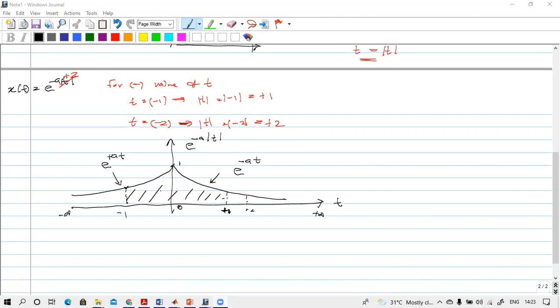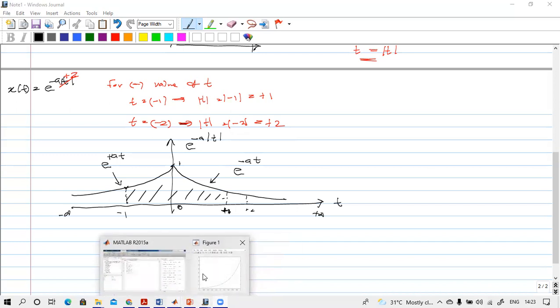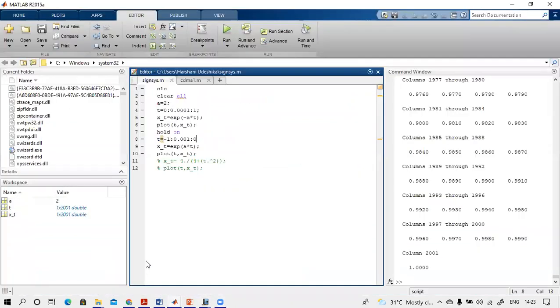Okay, so I will continue. If we see at Matlab, you can see that I am drawing 0 to 1, e to the power minus at, and minus 1 to 0, e to the power plus at, as I told in that graph.